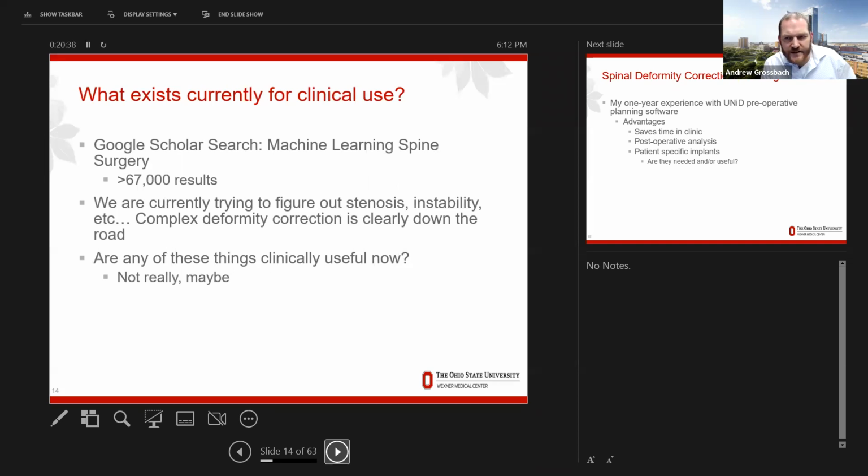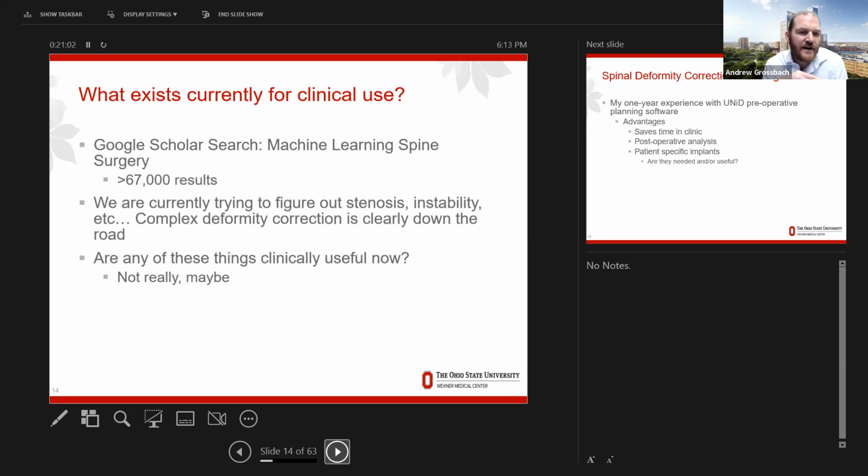So what currently exists for clinical use? How can we use any of this data right now in our practices? If you do a Google Scholar search for machine learning spine surgery, you get over 67,000 results. And so trying to make sense of what's out there in these publications, it's not easy.